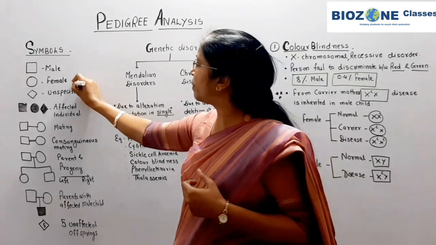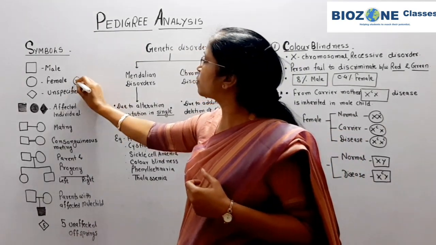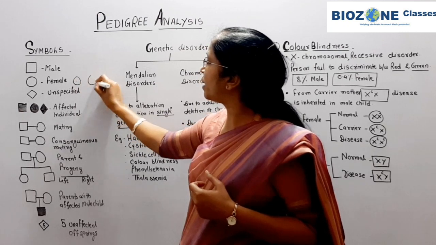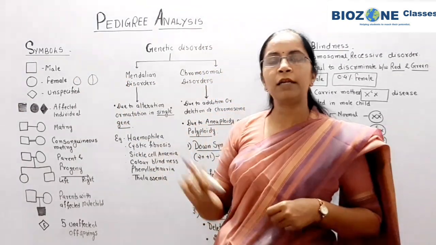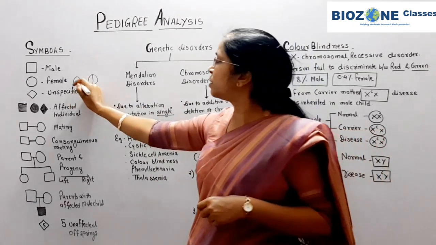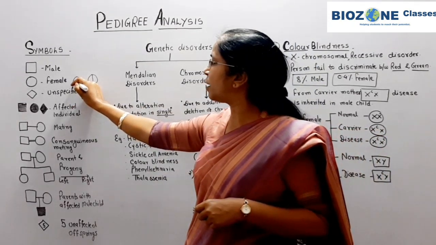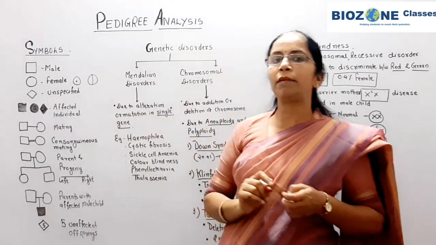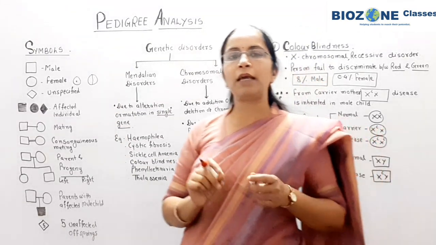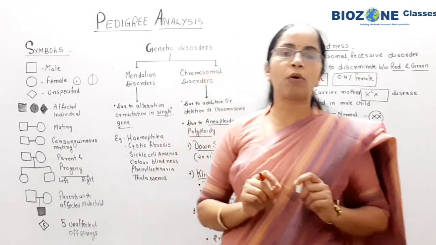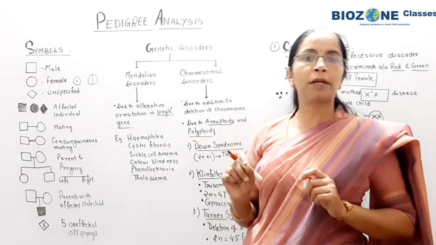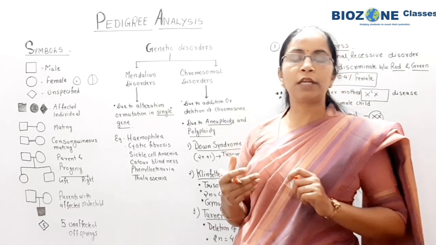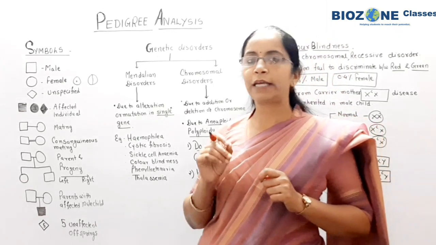That symbol, remember, is when one dot is provided or when one half is shaded, this kind of symbol is used for carrier females. Carrier female means the female is phenotypically normal but that female carries the gene for that particular trait to the next generation, then that female is called a carrier female.